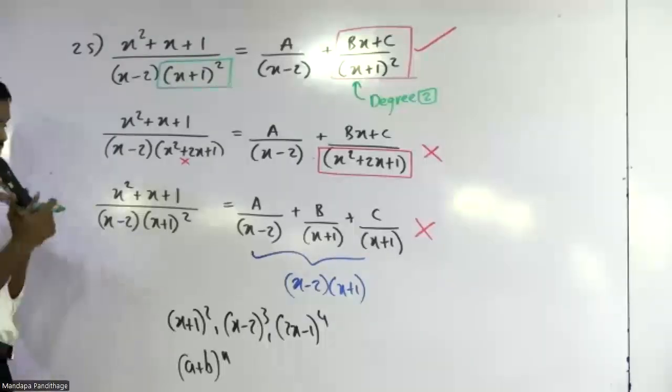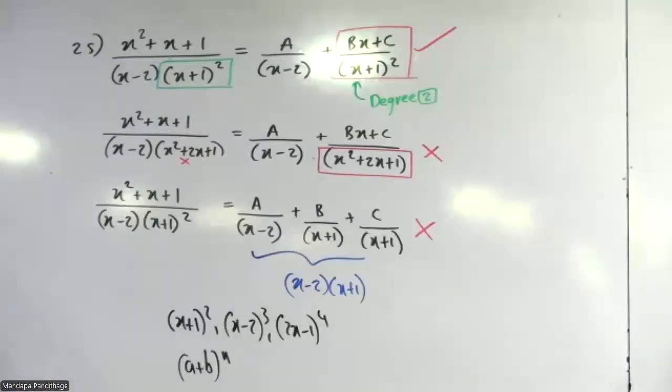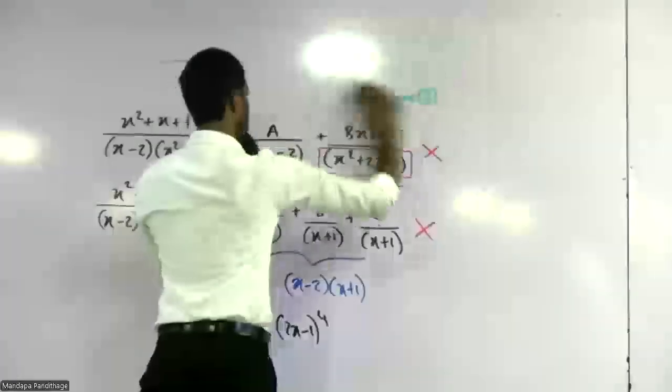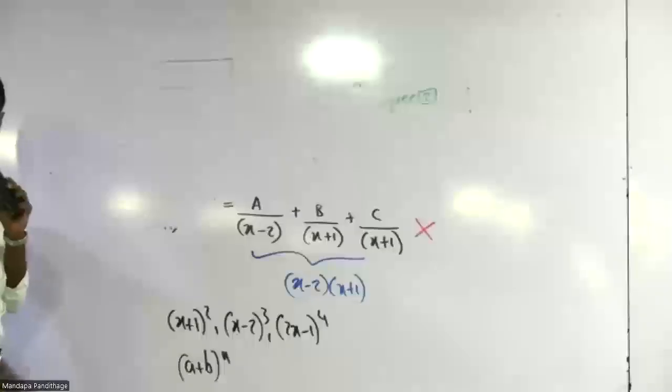Clear? Okay, write in this way. Using a black pen, write note, and using a red pen, write recurring factors.